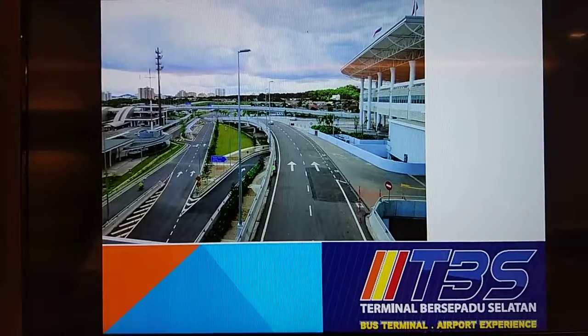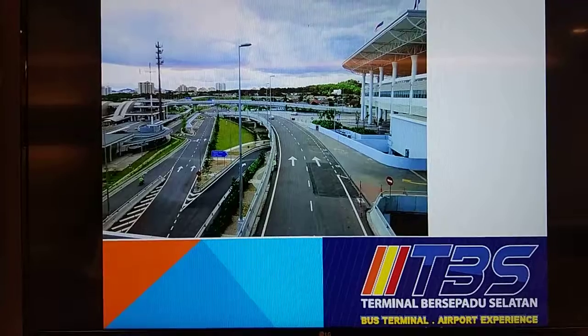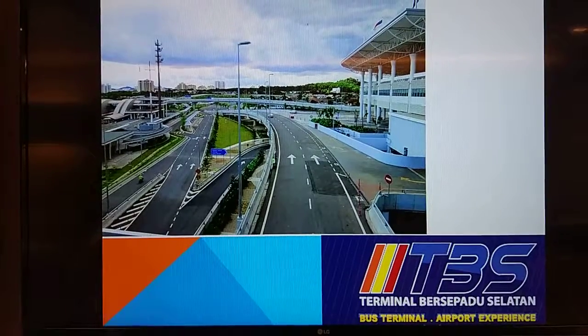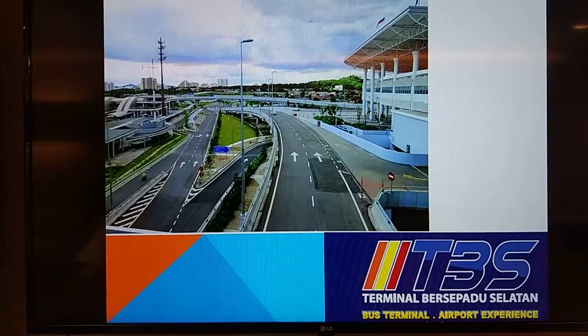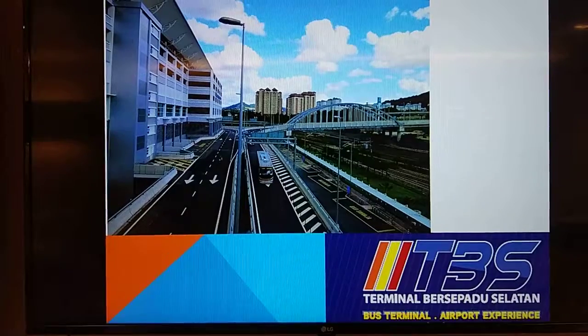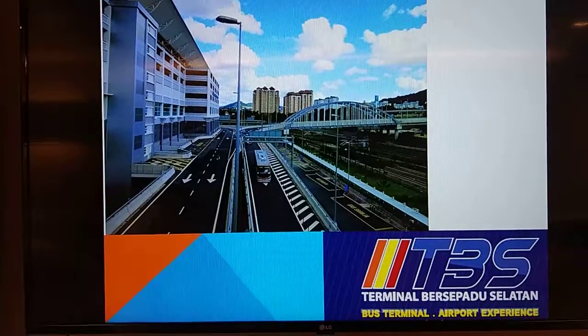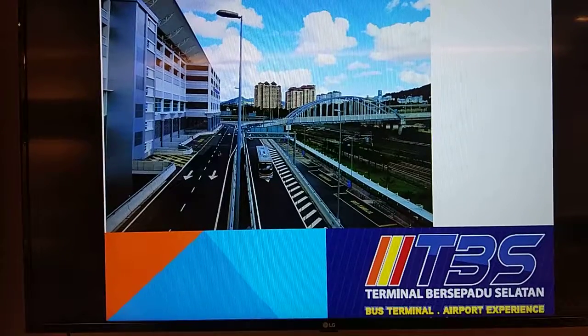The main reason for the separation is to have separation of activity, as well as separation for pedestrians. On the other side, you'll see on the right side, you will have all the city buses for quick transit.